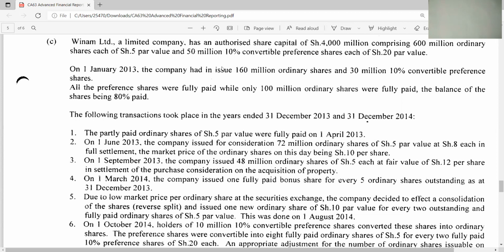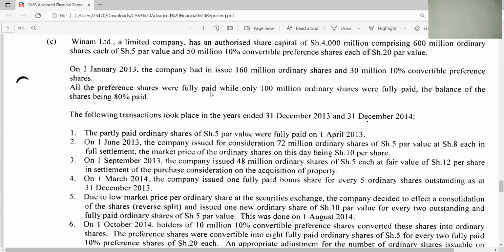Then they say that on 1st January 2013, the company had in issue 160 million ordinary shares. So what they issued out of the 600 is 160 million ordinary shares, and out of the 50 million preference shares, they issued 30 million 10% convertible preference shares.